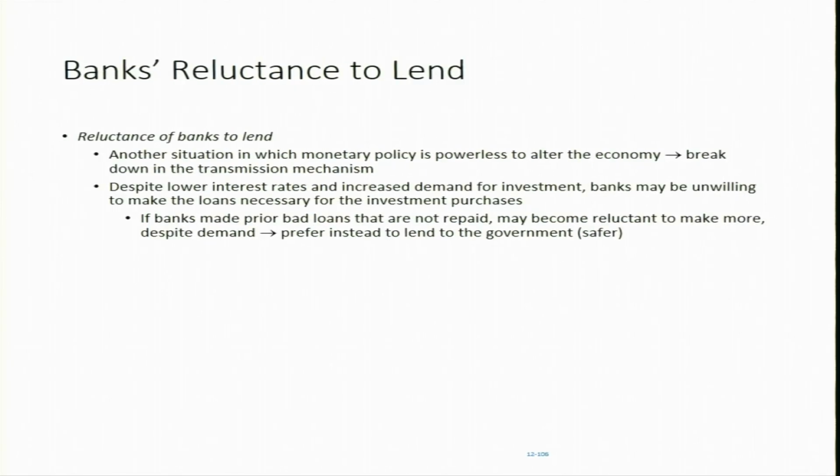So in addition to the factors that we discussed, there are some other factors that also affect the effectiveness of monetary and fiscal policy. One of them is, for example, banks' reluctance to lend. We have seen that if there is an expansionary monetary policy, suppose an increase in money supply, when the central bank comes up with open market operations, thereby increasing liquidity with the banking system, then as a result banks' liquidity increases.